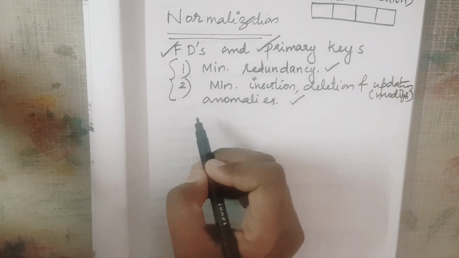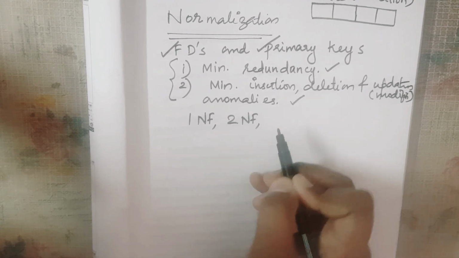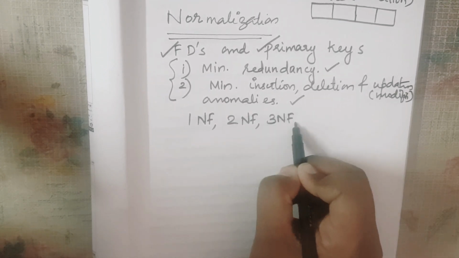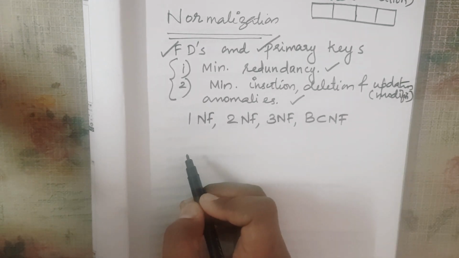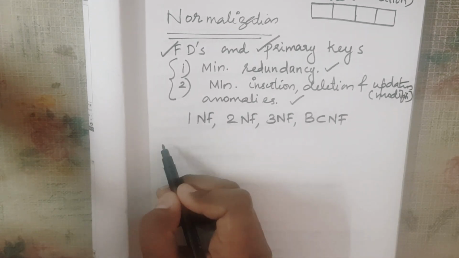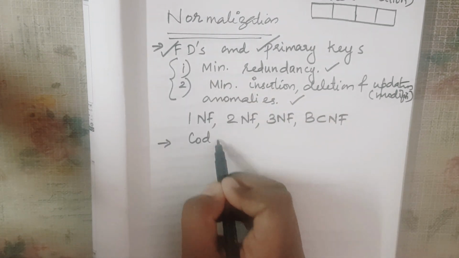We have to study first normal form, second normal form, third normal form and BCNF, Boyce Codd normal form. Normalization was first proposed by Codd.